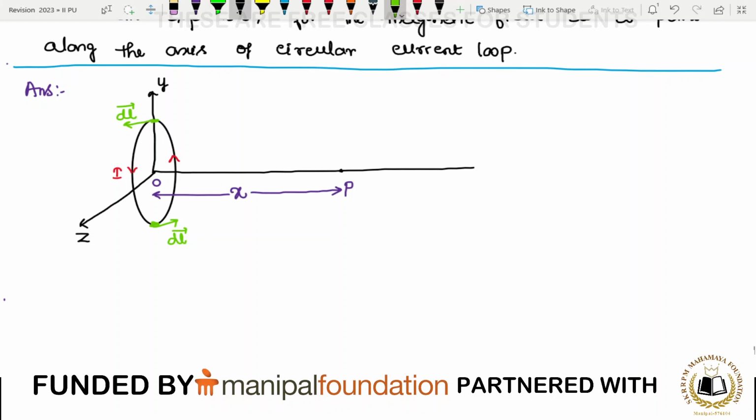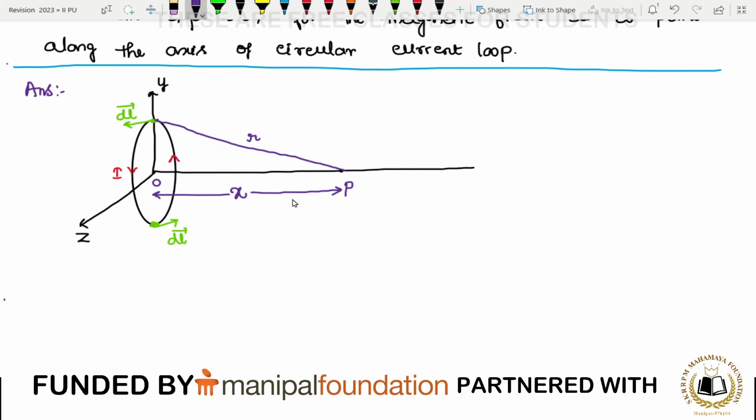So this dl at a distance r from the point P. So join one line here to here. The distance how much? R. This distance is R. So we start our derivation now.